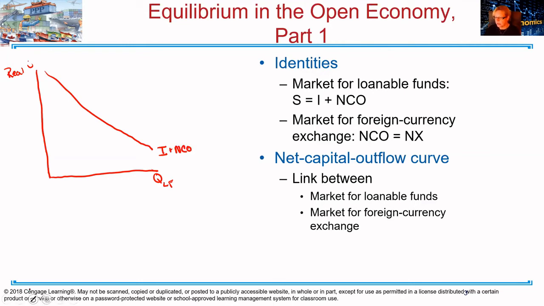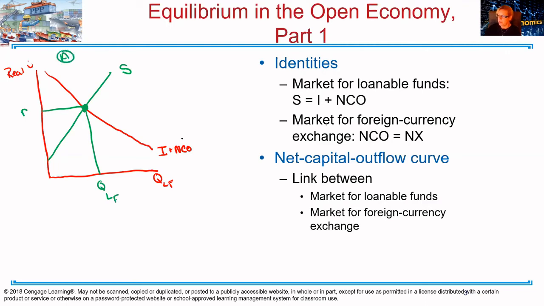We then have the supply curve, which is made up of national savings. Where national savings meets investment, that's going to be our real interest rate, R here. This will be the quantity of loanable funds in the domestic market. So far, so good. So that was panel A.